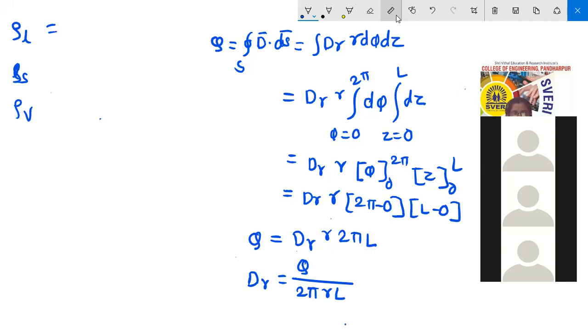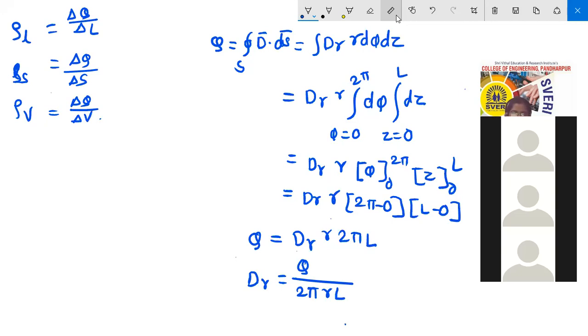In general, it is delta Q upon delta L. Then this rho S is equal to delta Q divided by delta S, and this rho V is equal to delta Q divided by delta V.